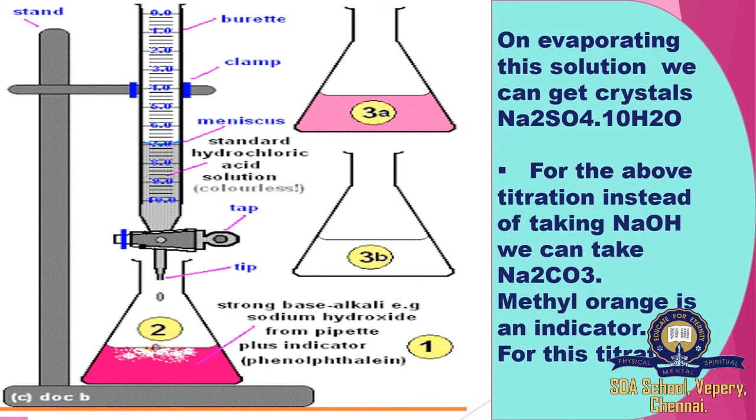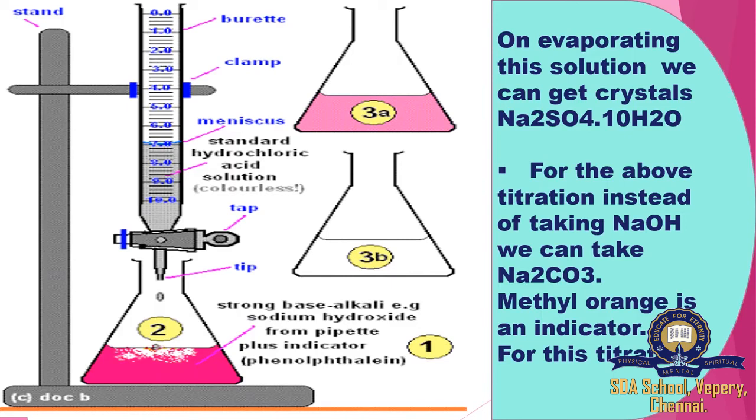In the titration, in the burette we are taking the acid, and in this conical flask we are taking the base, sodium hydroxide, as well as the indicator phenolphthalein. When the reaction takes place, we need to open the burette. Slowly the acid comes into contact with the base present in the flask.